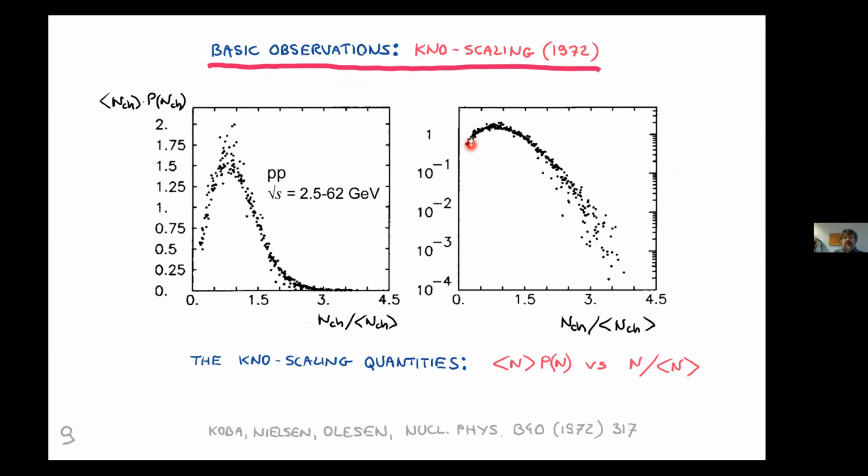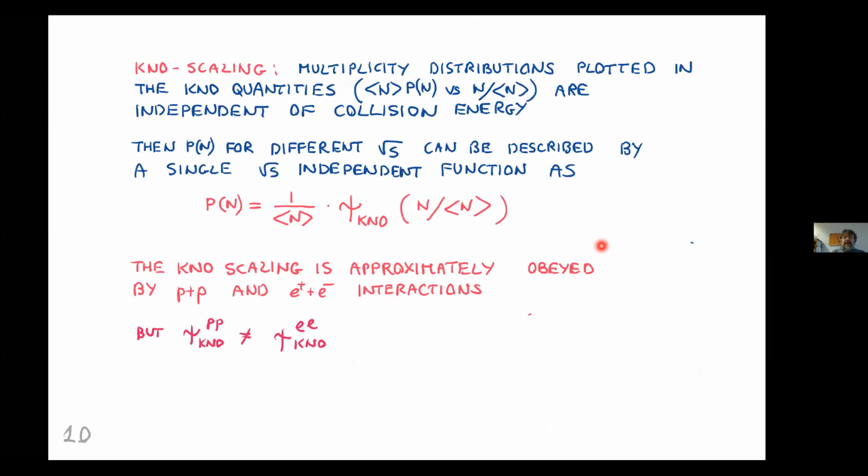You can do it on the logarithmic scale here. See that it also works in the tail. It looks pretty well. So to summarize this finding, KNO scaling: multiplicity distributions plotted in the KNO quantities, mean n times Pn versus n over mean n, are independent of collision energy.